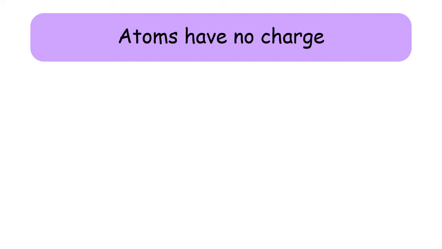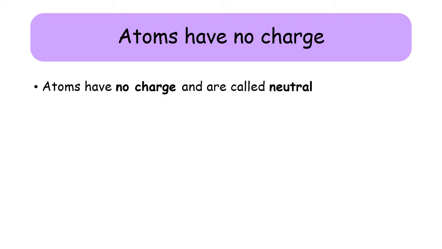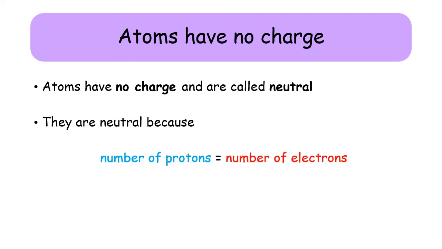Now the next thing we need to know about atoms is that overall, atoms have no charge. They are described as being neutral. The only reason an atom ends up with no charge is because the number of protons, and protons have positive charges, equals the number of electrons.